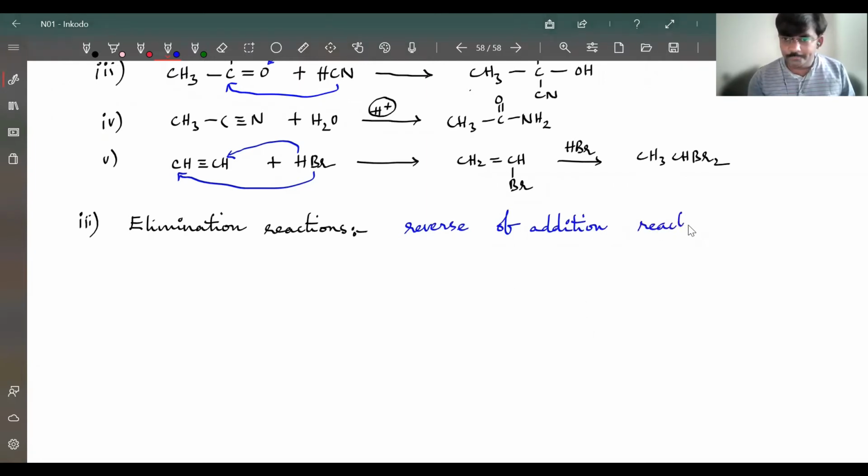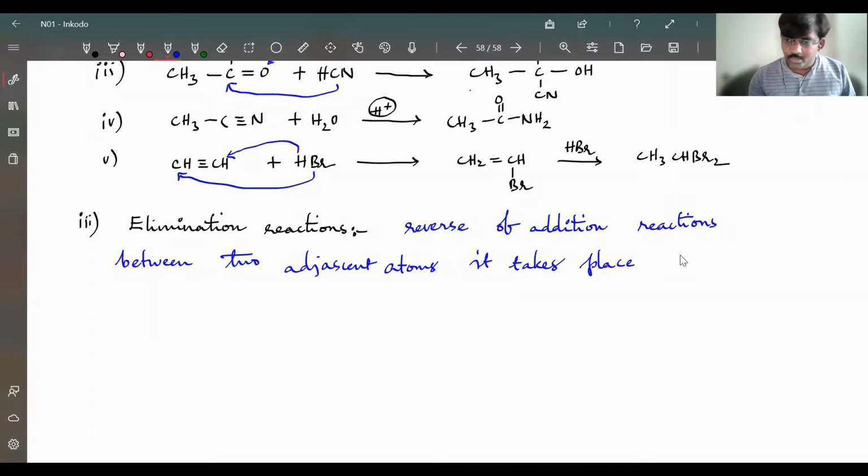Next, the elimination generally takes place between two adjacent atoms, that means between alpha and beta carbons, and there a double bond or triple bond will come.